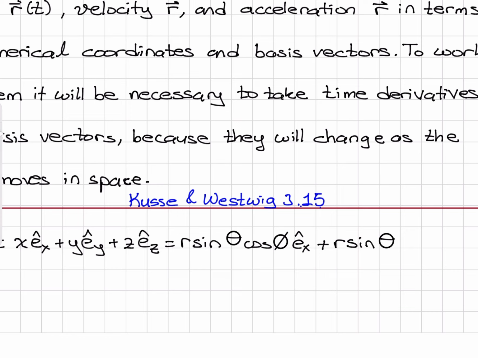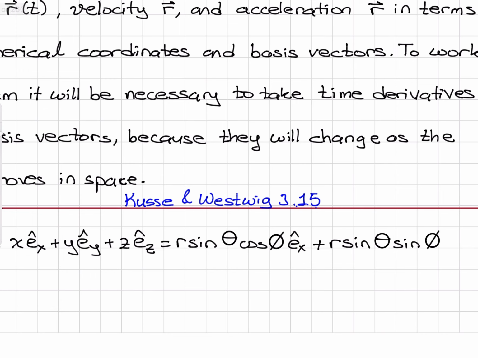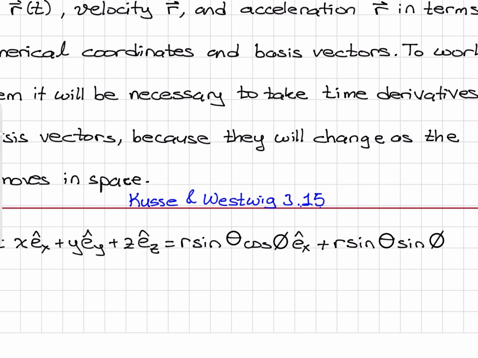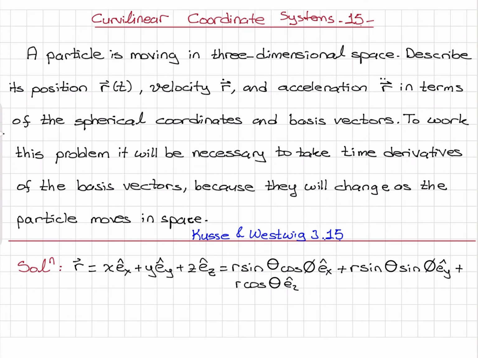This time we have sine phi, projection onto the y-axis, ey hat direction. And then we have the z component is r cosine theta in ez hat direction. So this is our position vector.